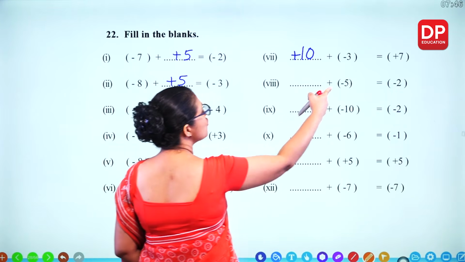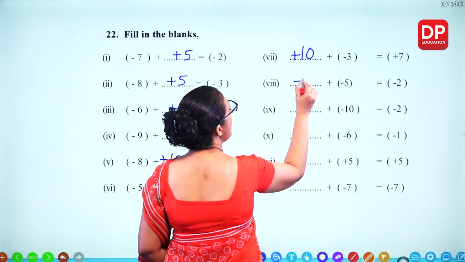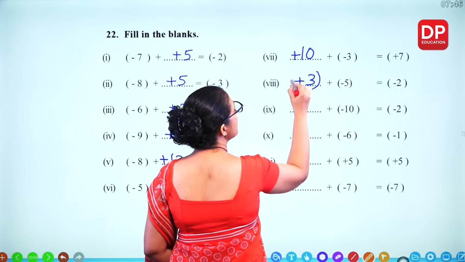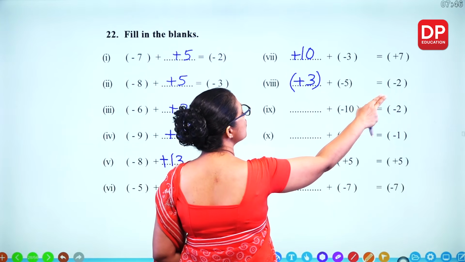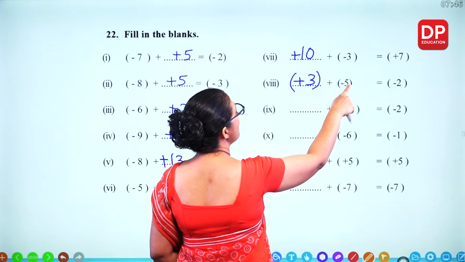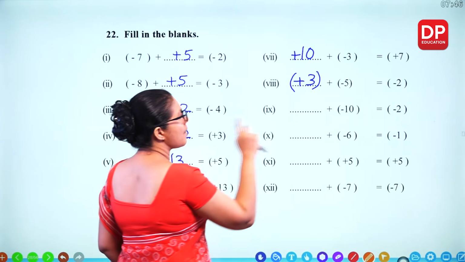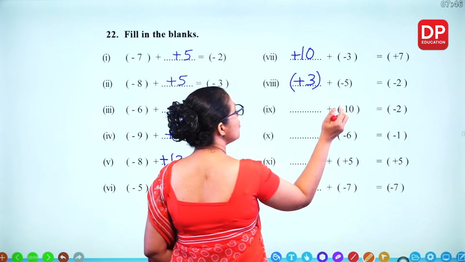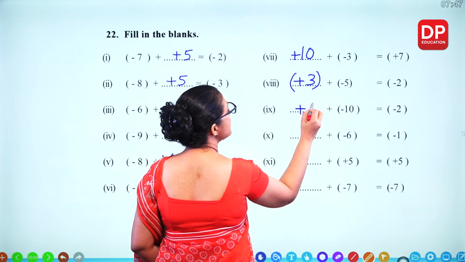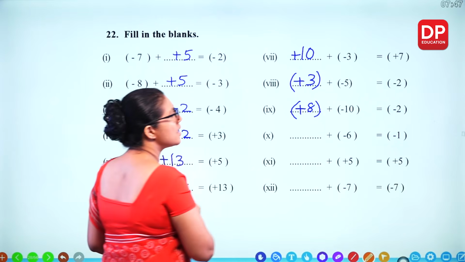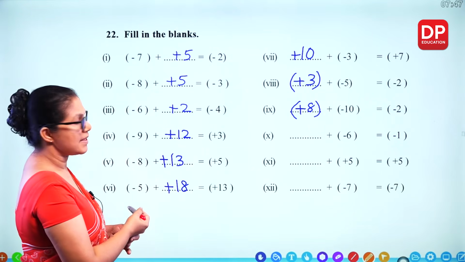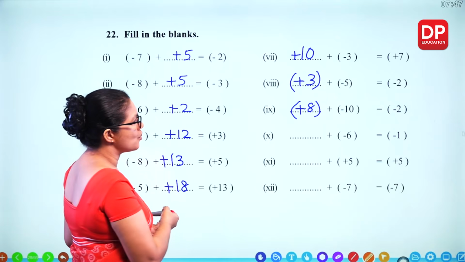Minus 5 and minus 2 is there. So that means you are adding plus 3. Take the difference, that's 2. Bigger number is negative there, so you need to add plus 8 there to get minus 2. Plus 8 and minus 10, minus 2.